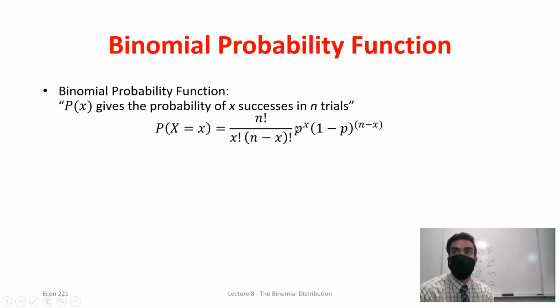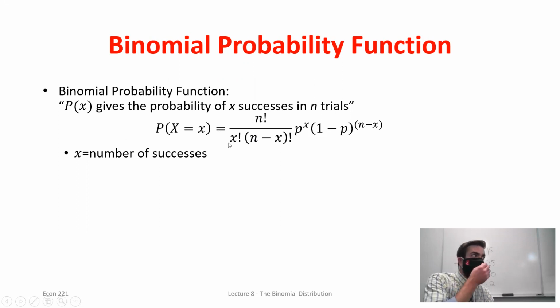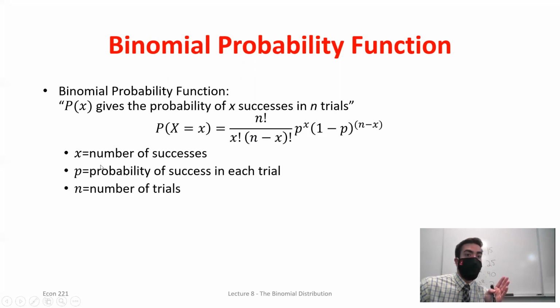And it looks a little messy, right? So I'll try to describe this formula. We'll make sure that we understand everything that's going on in it. It's a little bit more complicated maybe than things we've used already, but really it's not too tough. Let's just identify the pieces of this formula. So X is the number of successes you're interested in. If I'm flipping a coin 100 times and I want to know the probability that exactly 50 of them come up heads, my X would be 50, and my number of trials there would be 100.